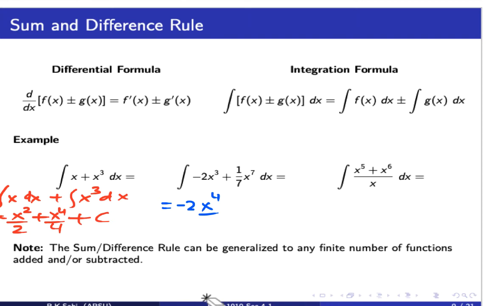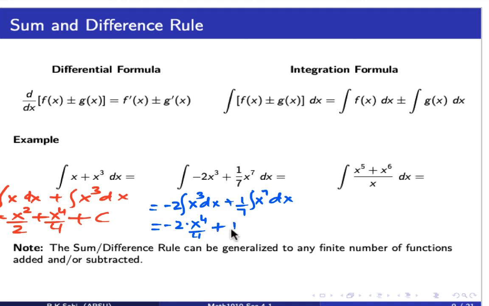Let me just write it down one more time to show what I'm saying. So it's the integral of minus 2 x cubed dx plus 1 over 7 x to the 7 dx. So this is the same thing as saying minus 2 times x to the 4 over 4 plus 1 over 7 times x to the power 8 over 8.